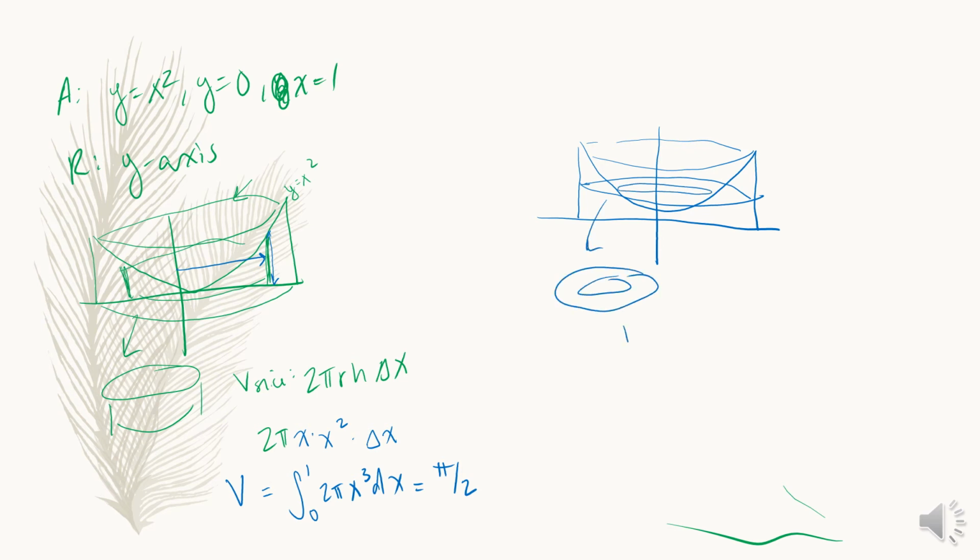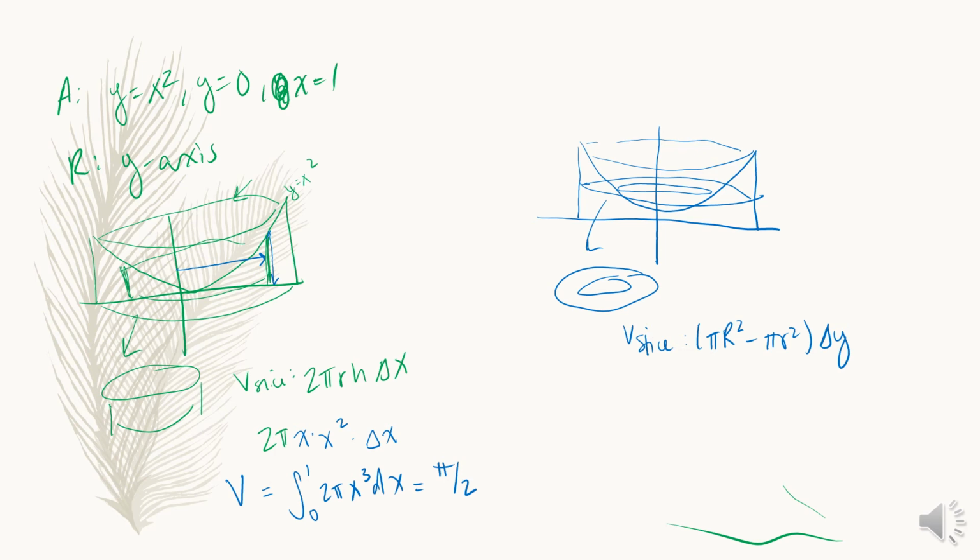So the volume of my slice now looks like it's going to be pi times my big radius squared minus pi times my little radius squared, and now delta y, because we're slicing this horizontally. To figure out the big radius and then the small radius, subtract, and we should get the same answer.